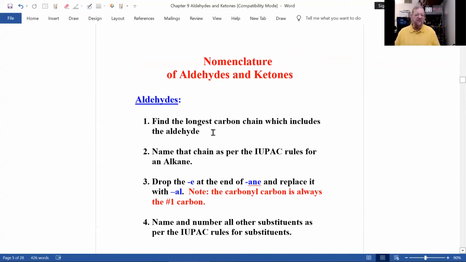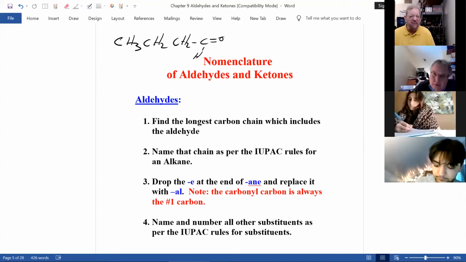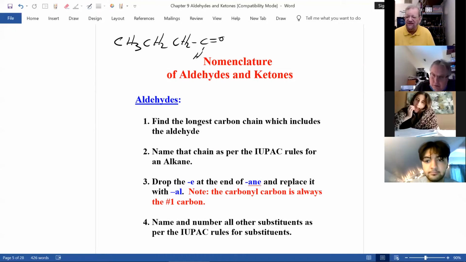All right, let's look at how you name an aldehyde. Well, let's take a look at an aldehyde. Now, if we look at the molecule I just drew, and I haven't asked this in a while, and I should, everybody see it on the screen?